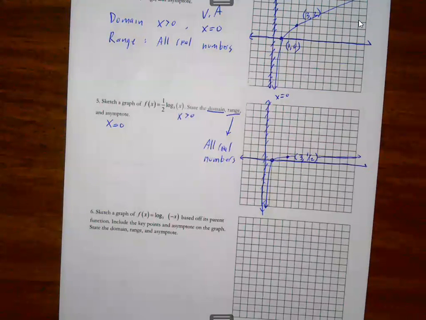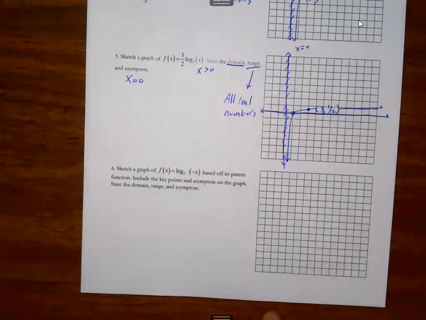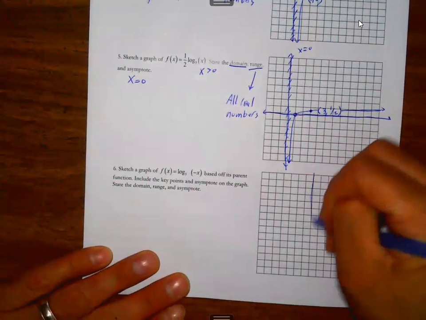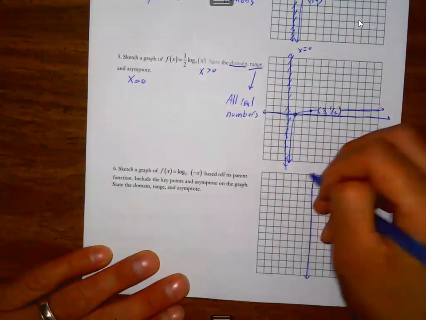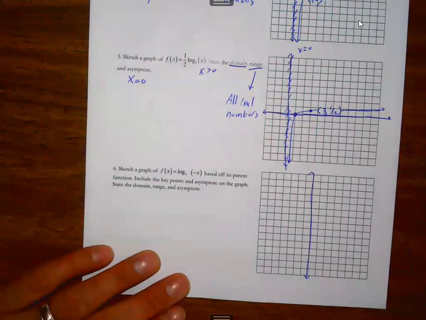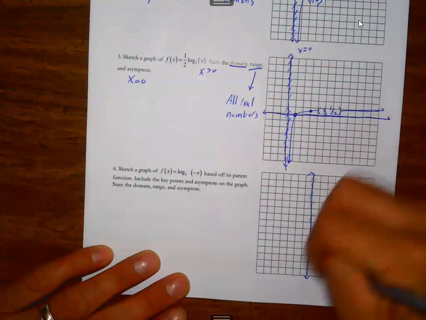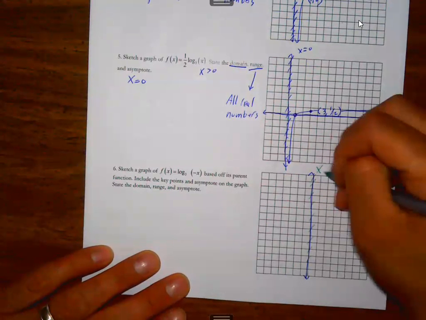Now, the last type of transformation is putting a negative in front of x. So if you think about taking the original parent function, which I'm going to sketch on this graph, it had a vertical asymptote, so you don't have to do this. You can do this green part if you want.